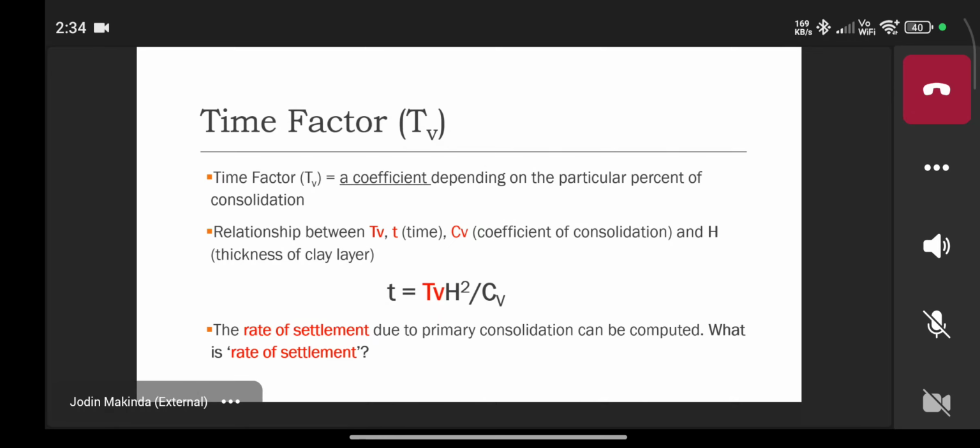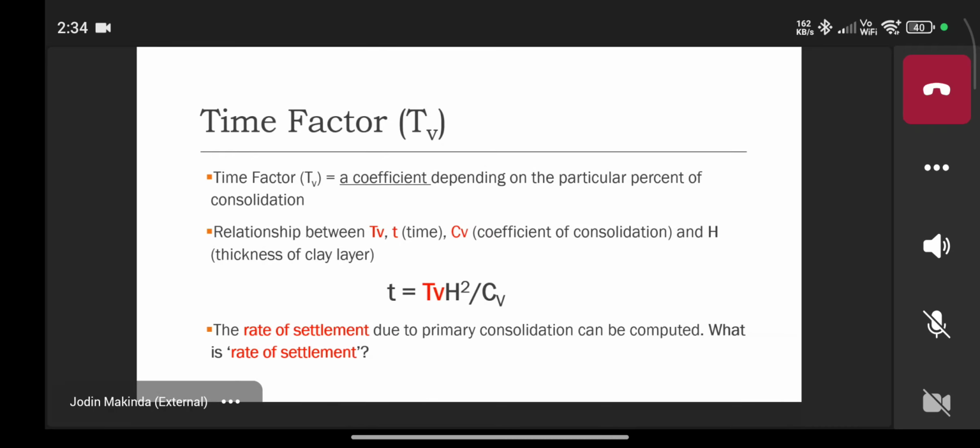If you are given a settlement of 10 centimeter, the question will ask you, what will be the settlement at time equivalent to 1 year? Or what will be the time it takes for settlement of half of the SC?